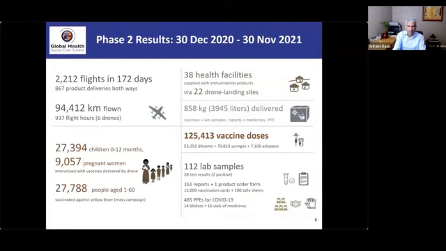To date, the drones have transported over 125,000 vaccine doses, along with many other immunization products, 900 kilograms or 4,000 liters in total.